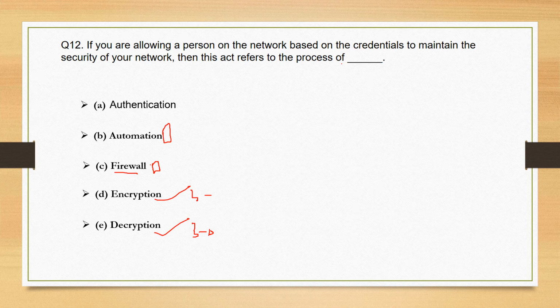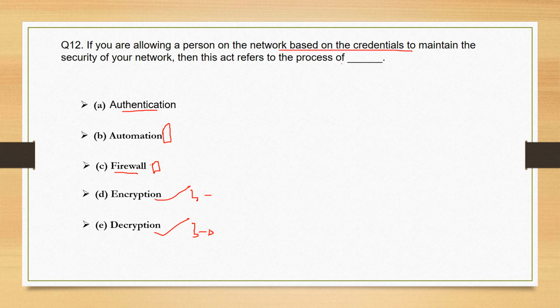What is authentication? Authentication is a process by which we allow a right or genuine person to access a certain network or a certain file. Our question asks about allowing a person on a network based on credentials.